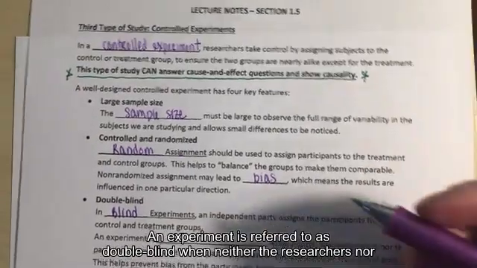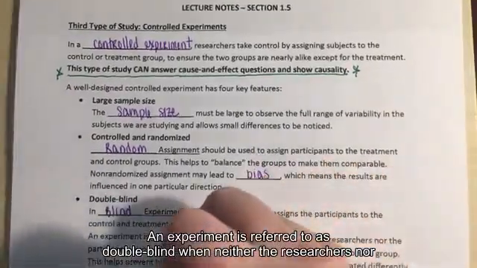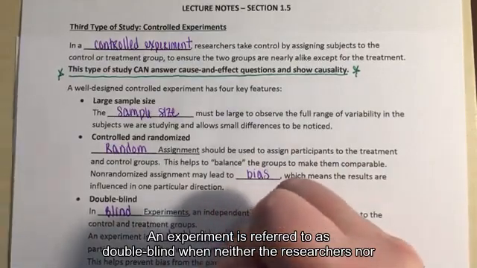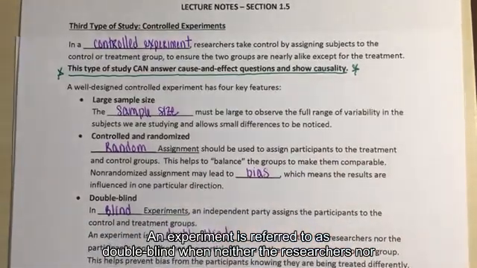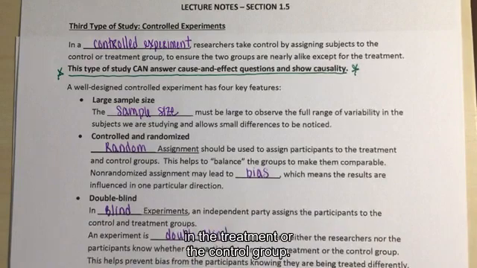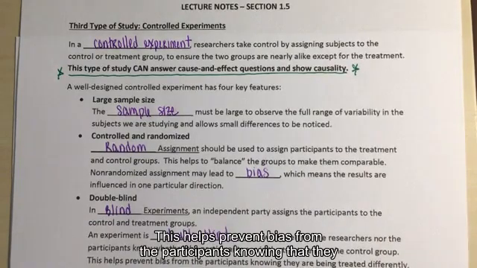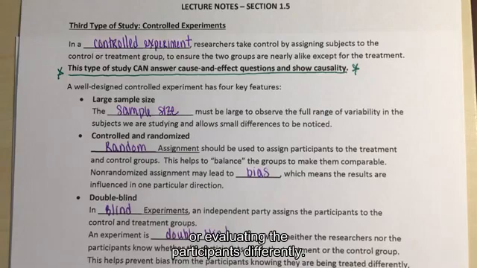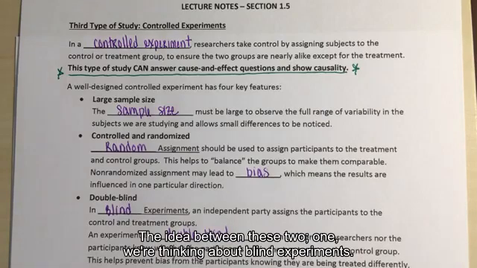An experiment is referred to as double blind when neither the researchers nor the participants know whether the participants are in the treatment or the control group. This helps prevent bias from the participants knowing that they are being treated differently, or the researchers either treating or evaluating the participants differently.